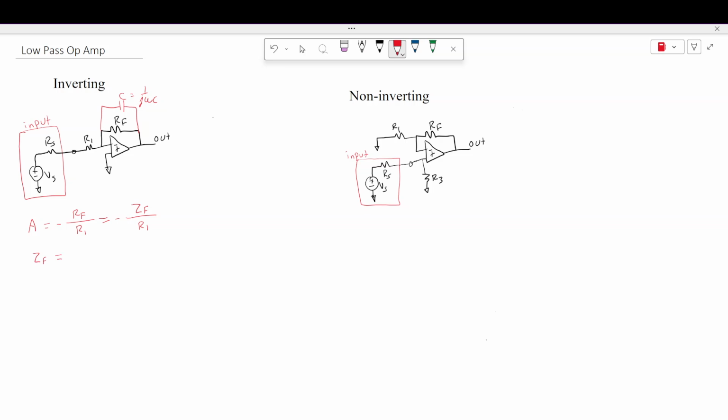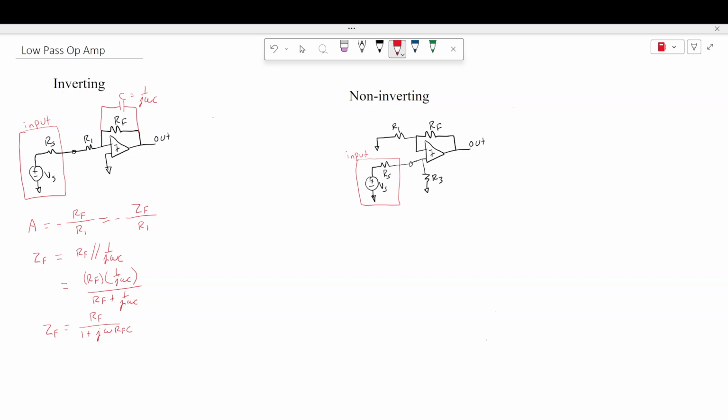ZF is going to be equal to RF in parallel with 1 over j omega C, which is equal to RF times 1 over j omega C over RF plus 1 over j omega C. Multiply the top and bottom by j omega C, and we see that we get ZF is equal to RF over 1 plus j omega RFC.